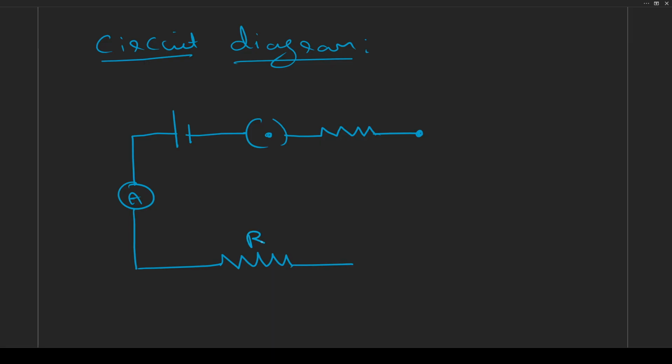Our wire is represented here. The resistance of our wire is R, and we connect a voltmeter, and we know how to connect a voltmeter. We connect a voltmeter in parallel. We connect an ammeter in series.